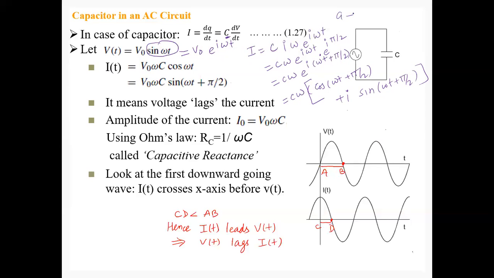In this case, this is called real, this is called imaginary, right? So what is e to the i omega t? e to the i omega t equals cosine omega t plus i sine omega t.